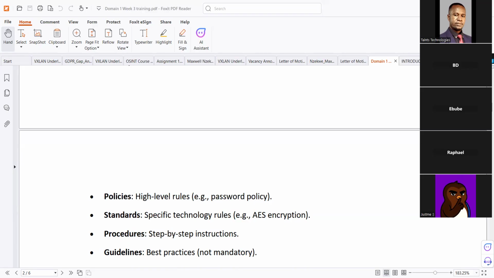So these policies that are high-level rules are made by the organization's security. The purpose is to make sure that everybody follows some security practices. That is policy. For instance, they will tell you we have a password policy, we have a Wi-Fi policy, we have a bring your own device policy, BYOD policy.